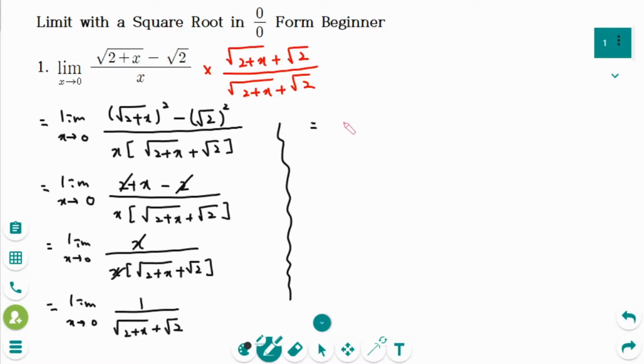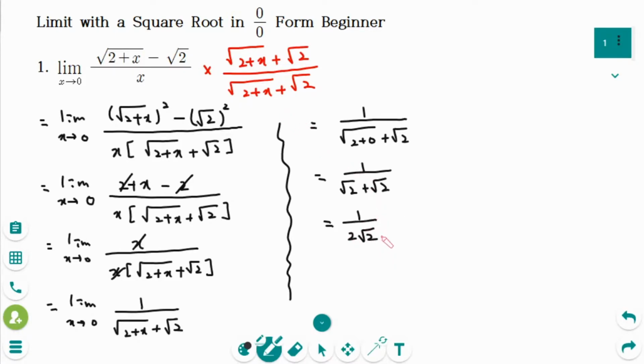And then put 0 into x. So 1 over square root of 2 plus 0 plus the square root of 2. So square root of 2 plus the square root of 2, 1 over 2 square root of 2. However, do not leave it like this.